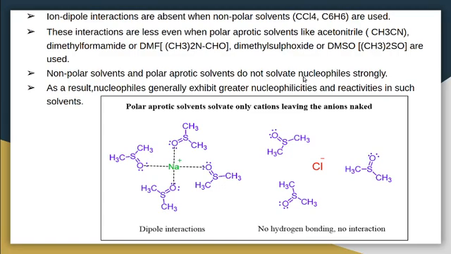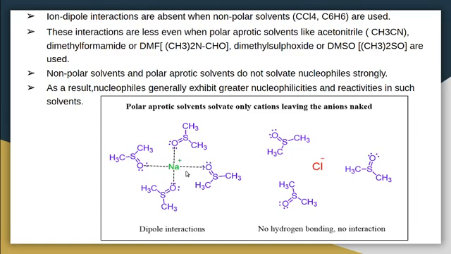Nucleophiles are not solvated by the non-polar solvents and polar aprotic solvents, so they have the same nucleophilicity as they have in the original case.